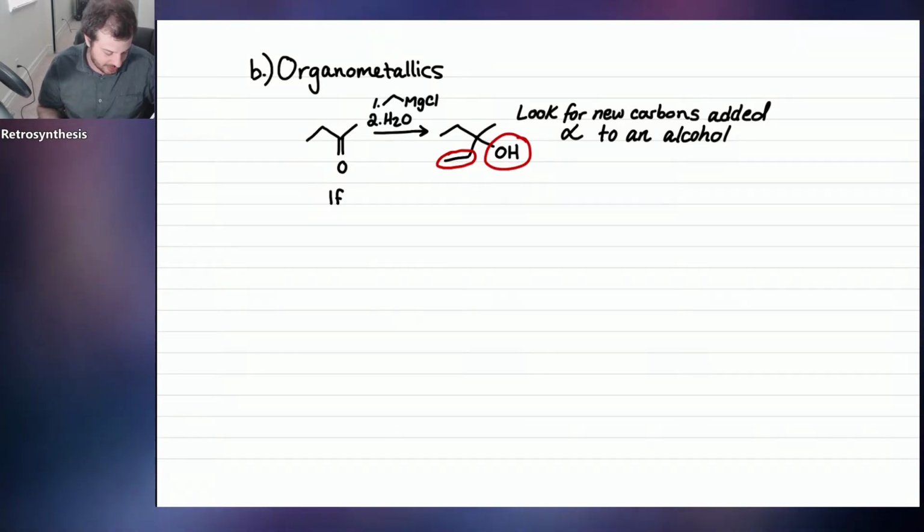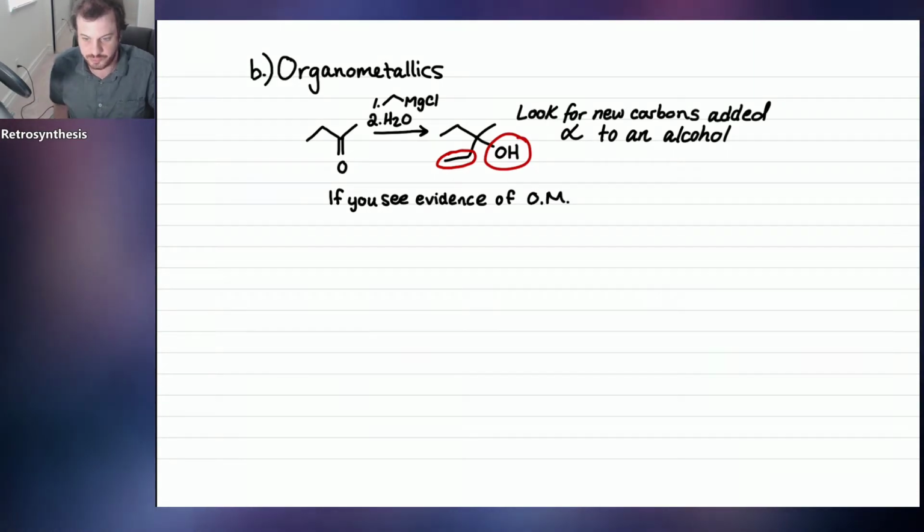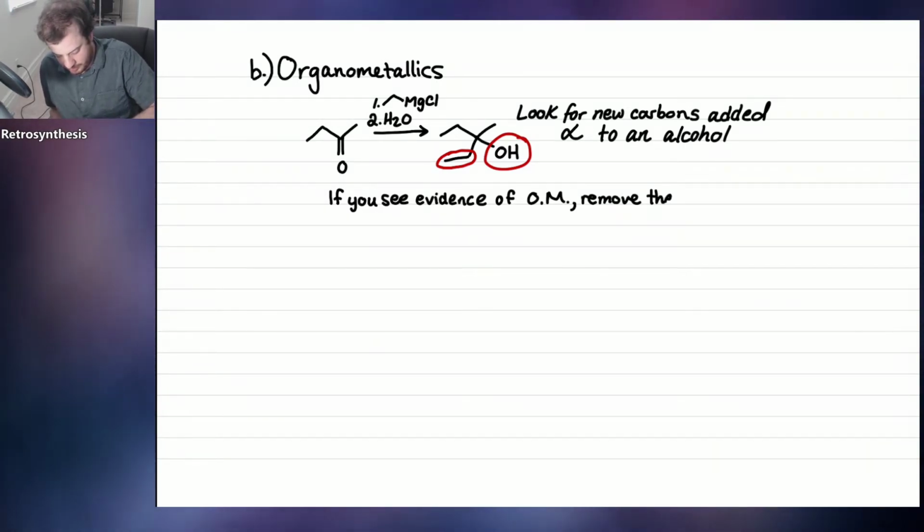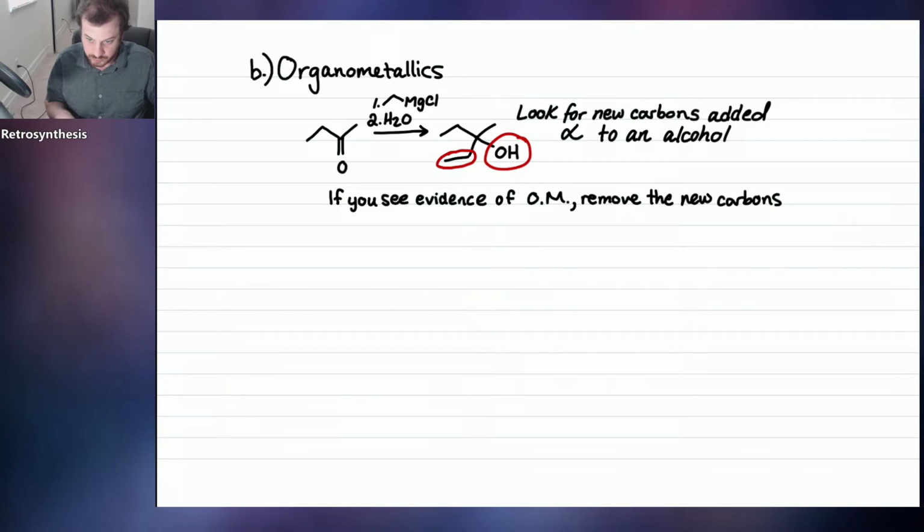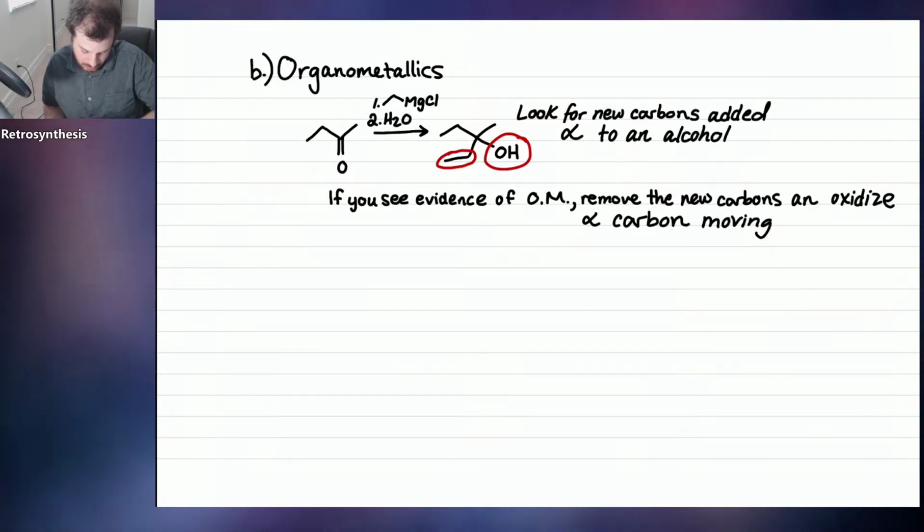So if you see evidence of organometallics, so I'll just rewrite that OMs, remove the new carbons, and oxidize the alpha carbon moving backward. Okay, these are my tips for retrosynthesis.